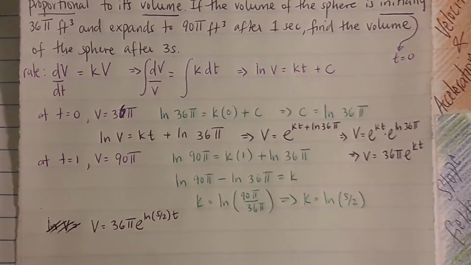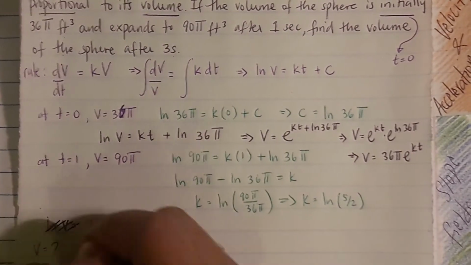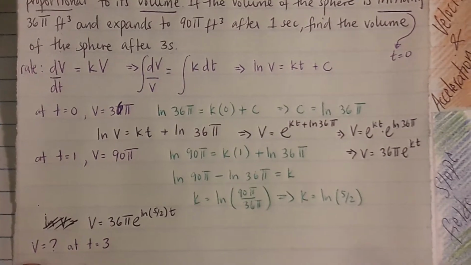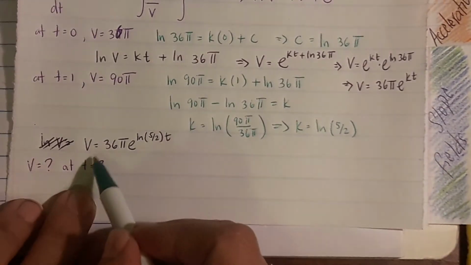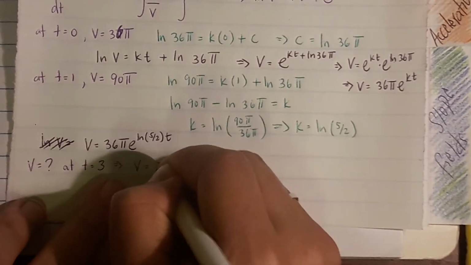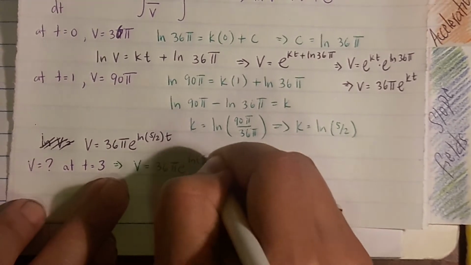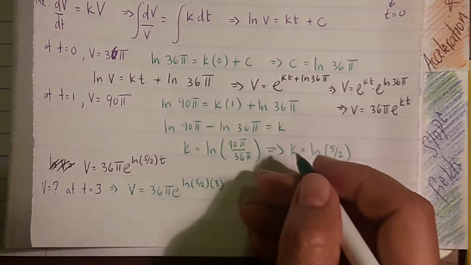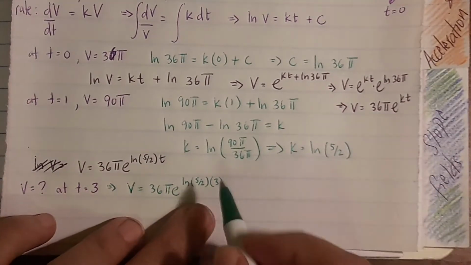So the question is, what is the volume at t equals 3 seconds? So the volume is equal to 36 pi e to the log of 5 over 2, and instead of t now it's 3 seconds. I'm just going to put the 3 in the beginning because you don't usually see it after.